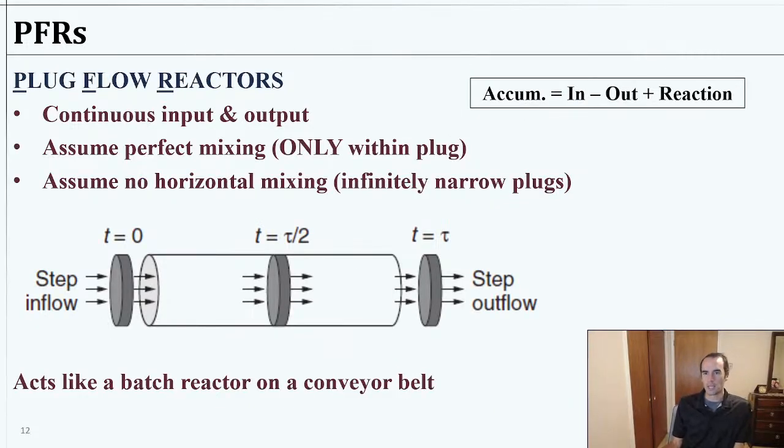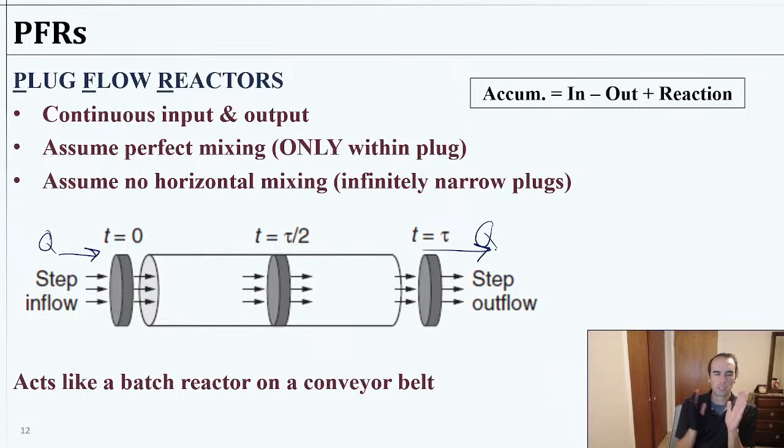Now a plug flow reactor, or a PFR, we have mixing, but only within one plug. So our assumption here is we have continuous flow into our reactor. So we'd have flow coming in and a flow going out.